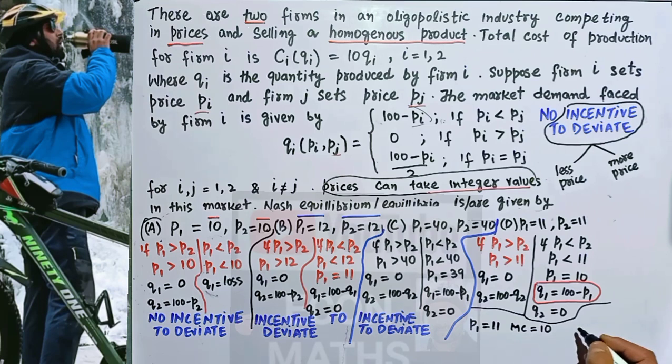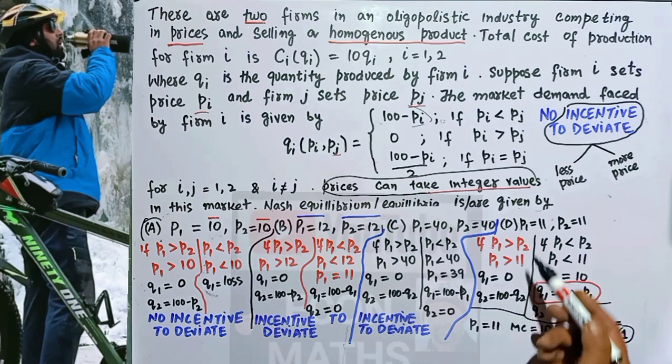The markup, P1 minus MC, was 11 minus 10. That means firm 1 was getting $1 profit for each unit of output sold when he was sticking to his initial strategy of $11.